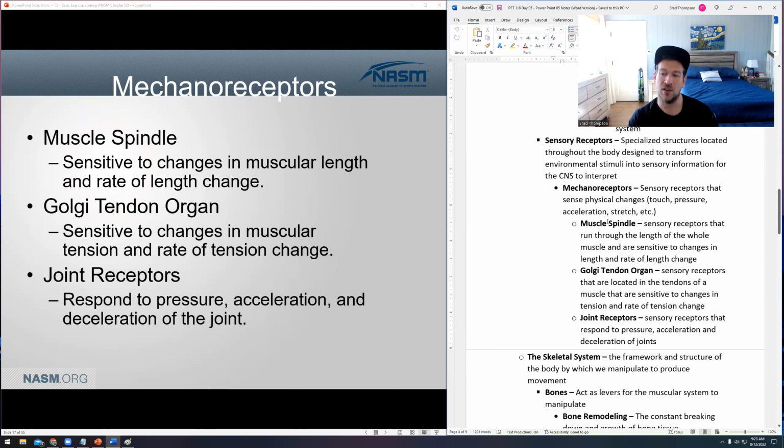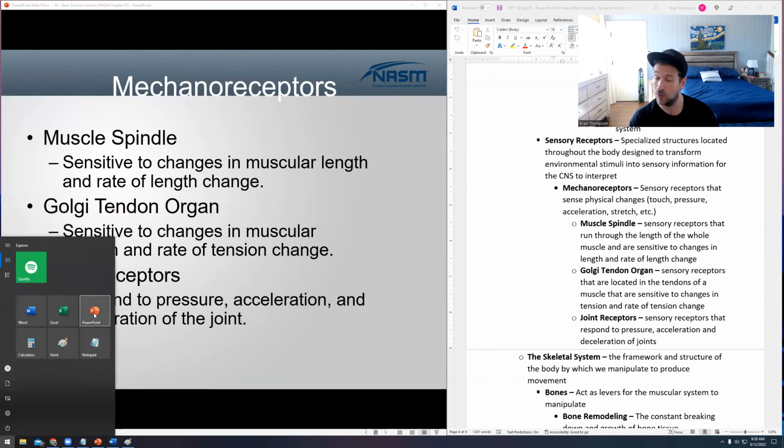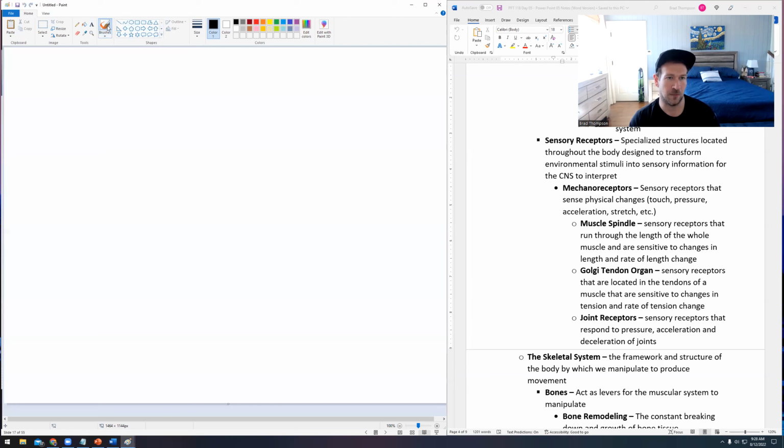Muscle spindles are sensory receptors that run through the length of the muscle, and they are sensitive to the rate of length changes and the fact that length changes are happening. So let's say we have a muscle here. I'm going to do my best to draw a muscle, which always goes poorly. It kind of bulges out in the center, comes back in, and flattens out at the end, right?